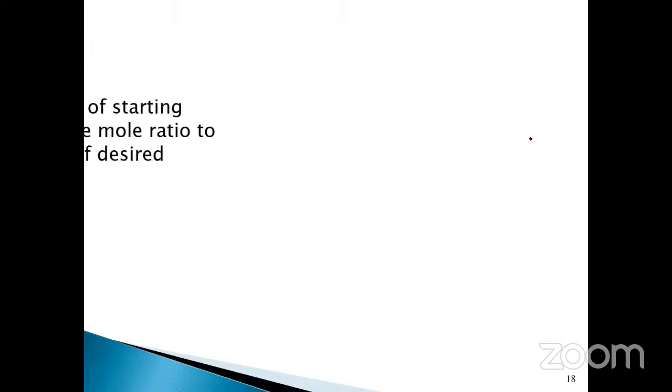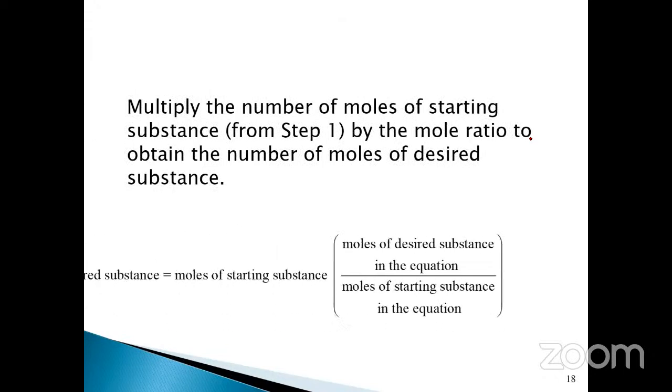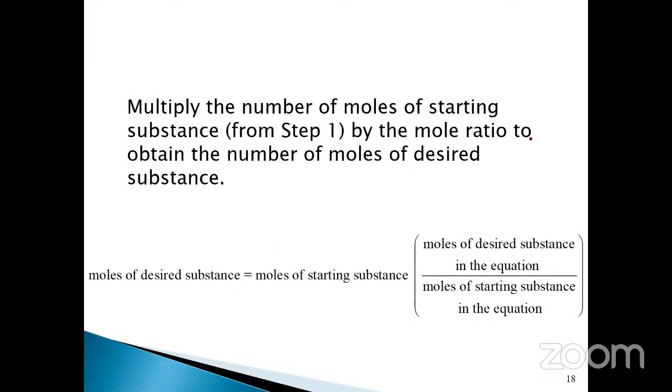So the way you'd set this up is something looking like this, where you have the moles of the starting substance and you multiply by the conversion factor. You have the moles of the starting substance based on the coefficient in the equation down here, and then up here, as a numerator, the moles of the desired substance, again, based on the coefficient of that substance in the balanced equation.